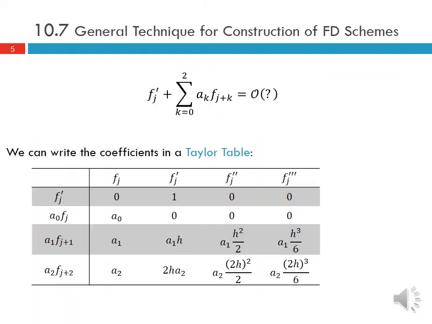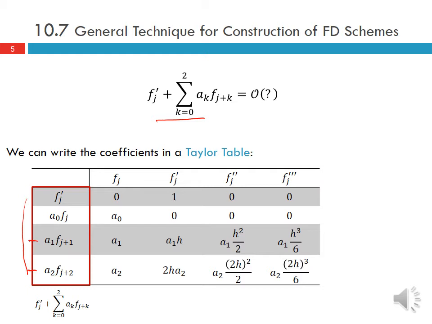So we can write these coefficients in something that is called a Taylor table, which is shown here. So how this works is the first column, if we add up all the values in the first column, we get this expression here. So fj prime plus this sum, ak fj plus k, k goes from 0 to 2. So a0 fj plus a1 fj plus 1 plus a2 fj plus 2.